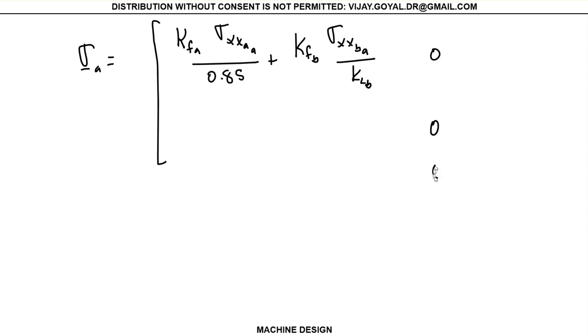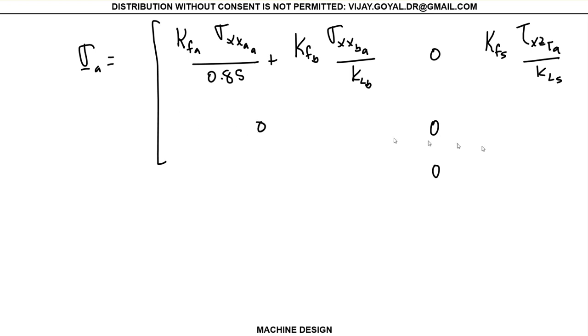This is 0 and this is 0. This is KFS tau XZ torsion in alternate divided by KLS.